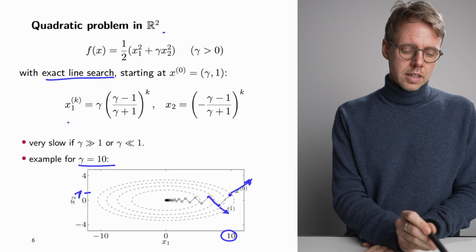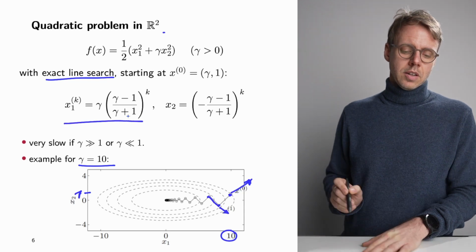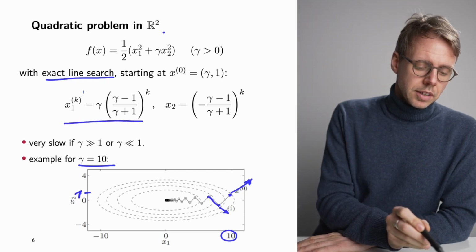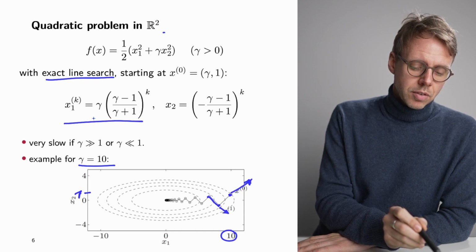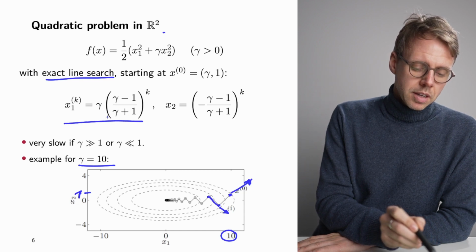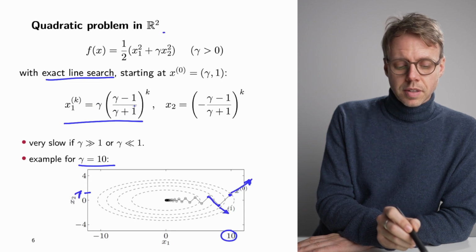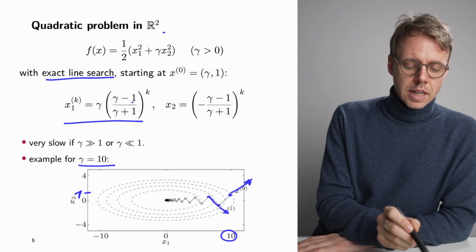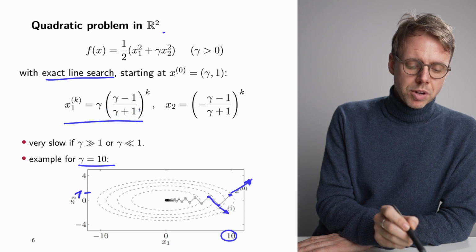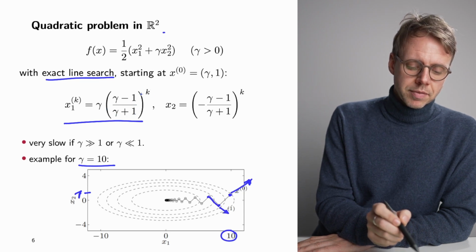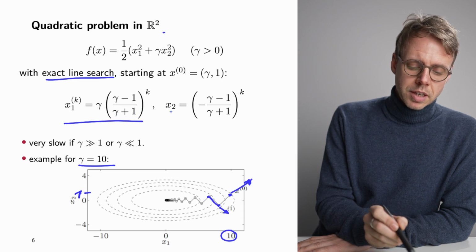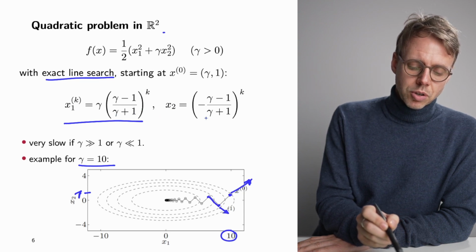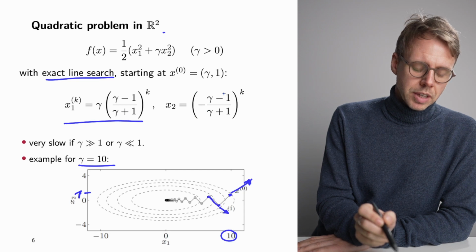We see that in general the iterates for this function would be gamma times ((gamma minus 1) divided by (gamma plus 1)) to the power of k for x1, and for x2, our second coordinate, it would be minus ((gamma minus 1) divided by (gamma plus 1)) to the power of k.